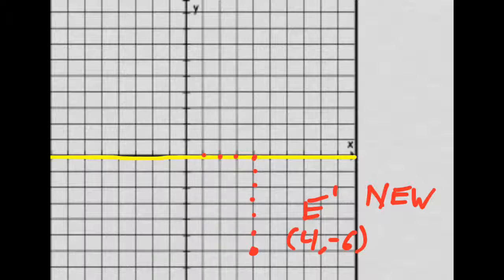And it's the same deal. You just count how far away you are from the axis that you're reflecting around. 1, 2, 3, 4, 5, 6. And then you go that same distance the other way. 1, 2, 3, 4, 5, 6.